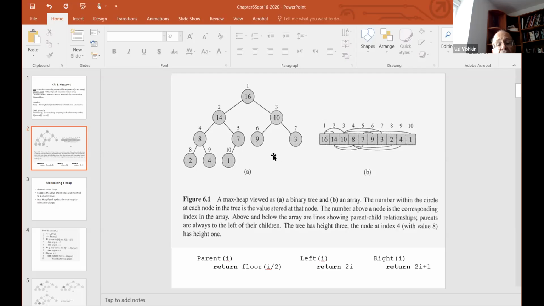The only thing I want you to consider here is the numbering of the nodes, 1, 2, 3, 4, up to 10. And here we have an array. And again, I want you to ignore completely the content of the array, 16, 14, 10, up to 1. What I want you to note here is just the numbers 1 to 10, the indices of the entries of this array.